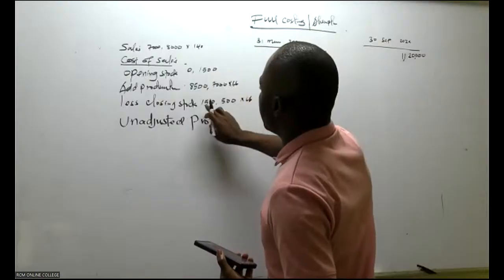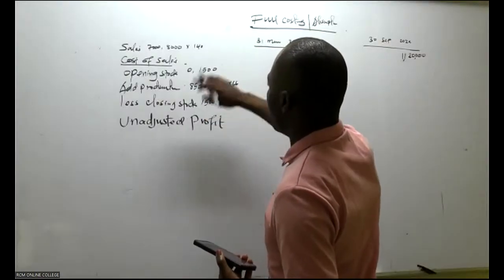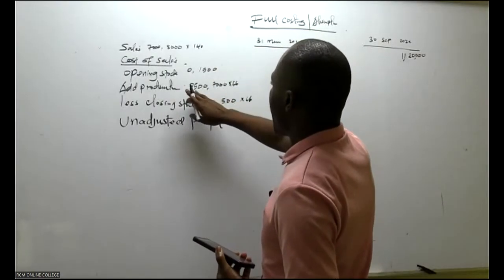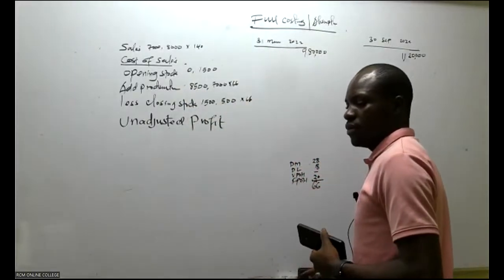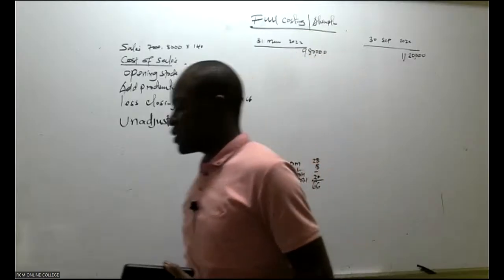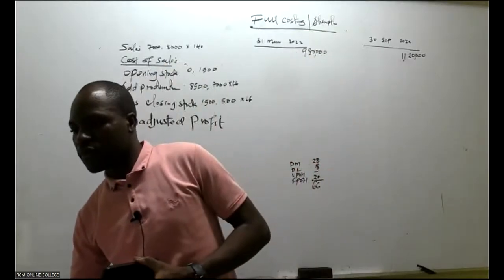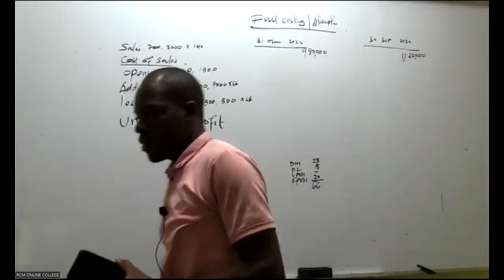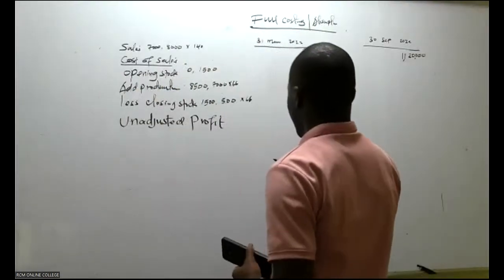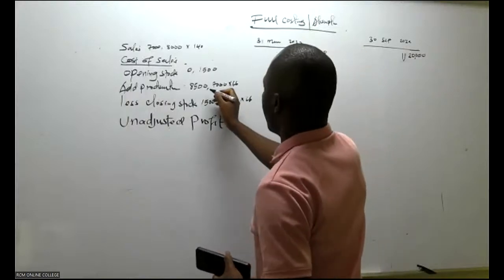This one, of course, is just the closing transferred to the opening. So what do we have? 8,500 by 66. What do we have? 561.